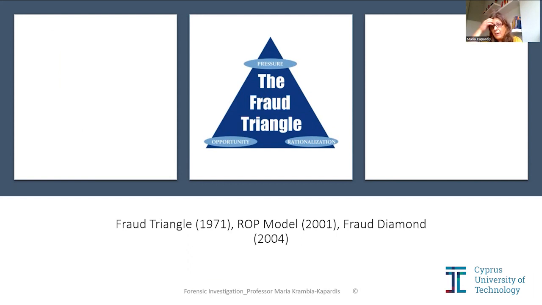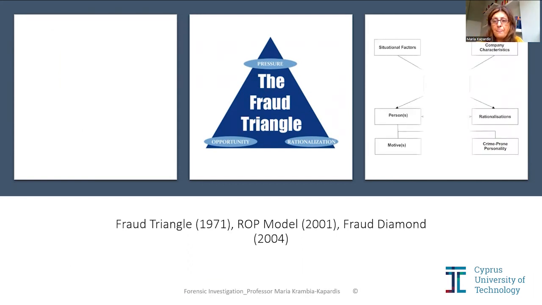Now, in 2001, I proposed a different model, the ROP model. Following a number of major fraud cases that I was looking at, I found that not only do fraudsters have to have the opportunity. What do we mean by that? There might be opportunity created because of company characteristics.